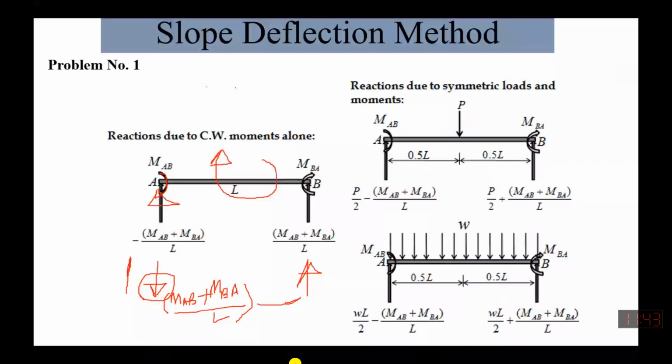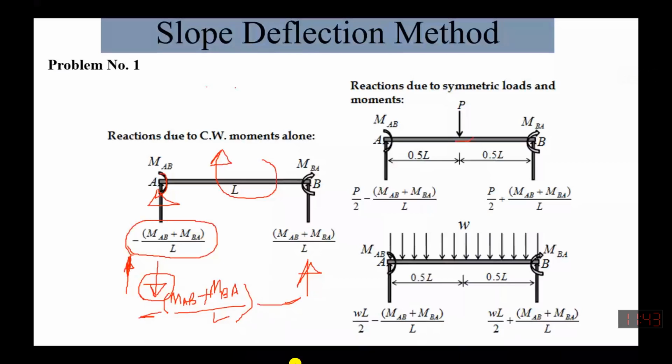So once I want to keep it in the upward direction, I put a negative sign with it. That's why you see the negative sign over here. So whatever the position, you write minus MAB plus MBA over L, and then you can find the direction.